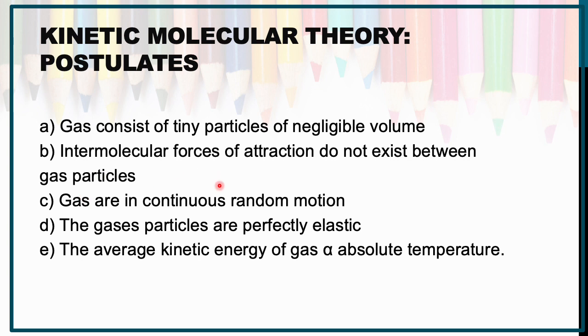Gases are in continuous random motion, and the gas particles collide perfectly elastically. And lastly, the average kinetic energy of a gas is proportional to the absolute temperature. So all of these are the postulates of the kinetic molecular theory.